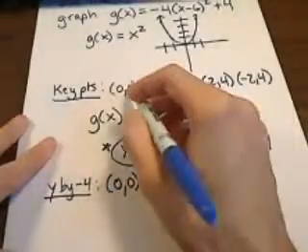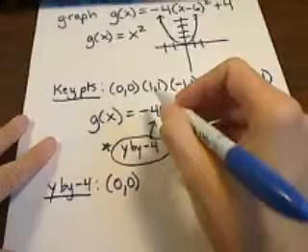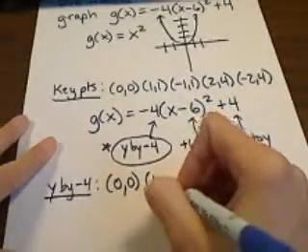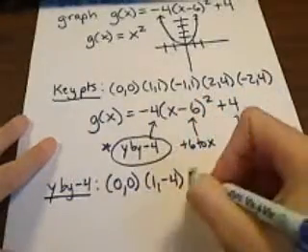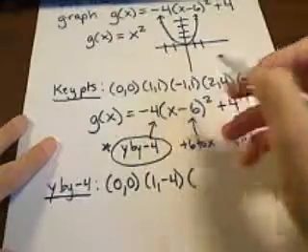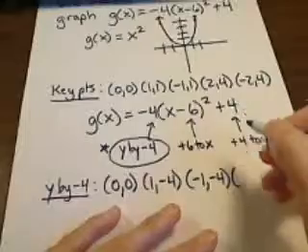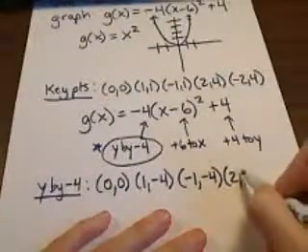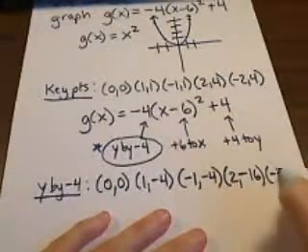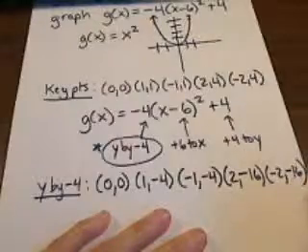So 0 times -4 is 0. The 1 times -4 is -4. The 1 again times -4 is -4. And then we have 2, -16, and -2, -16.